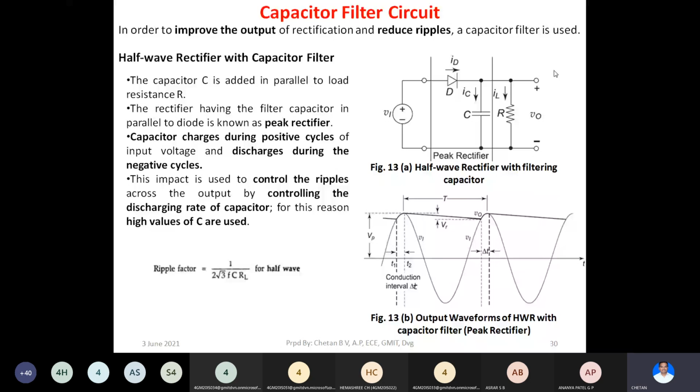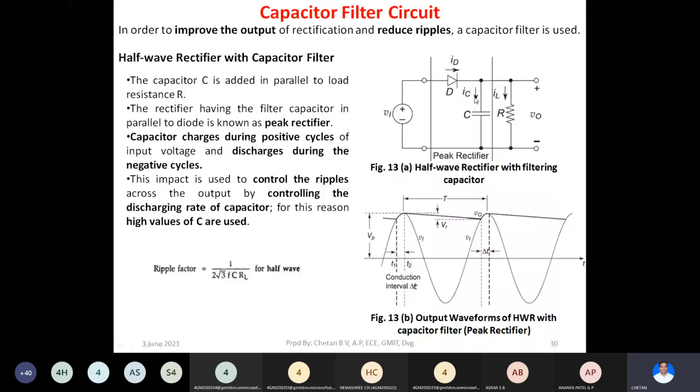Similarly, after completely charging, if you remove the voltage source, the capacitor will start discharging in the reverse direction. Suppose the current flows in this direction while charging. During discharging, the current will flow in the reverse direction, and the capacitor itself will act like a voltage source as long as it holds the charge, right?